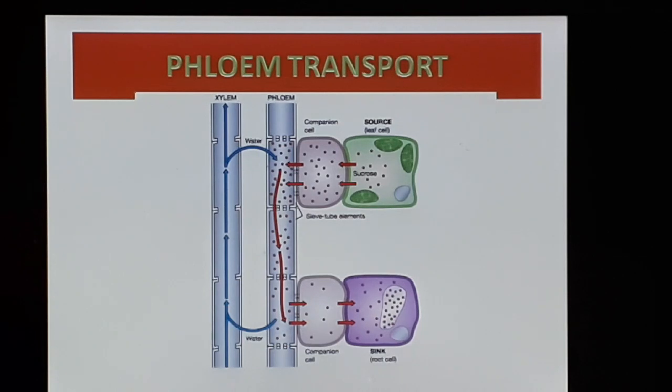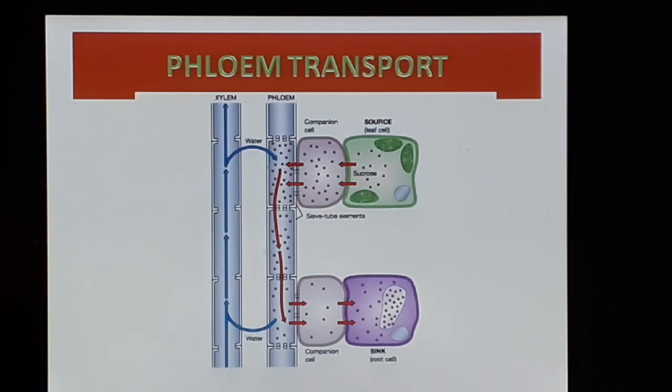These substances are mainly transported to the storage organs of roots, fruits, seeds and to growing organs according to the plant's requirement. This movement of materials through the phloem takes place in both upward and downward directions.